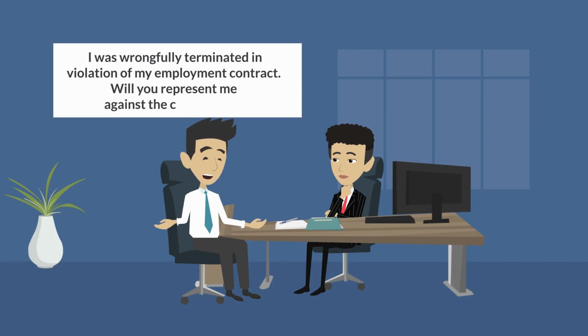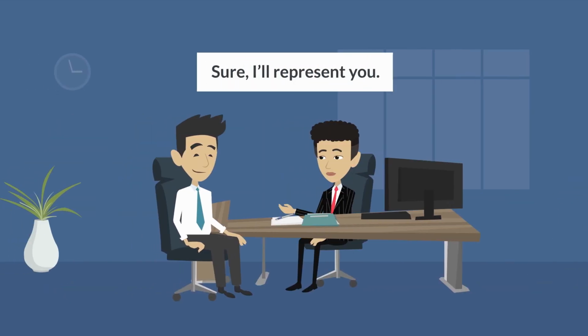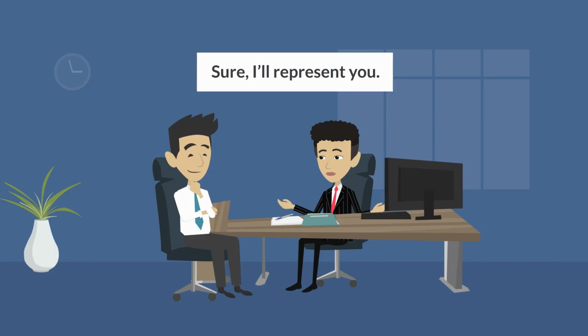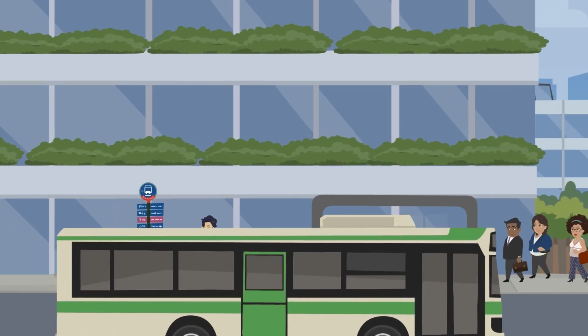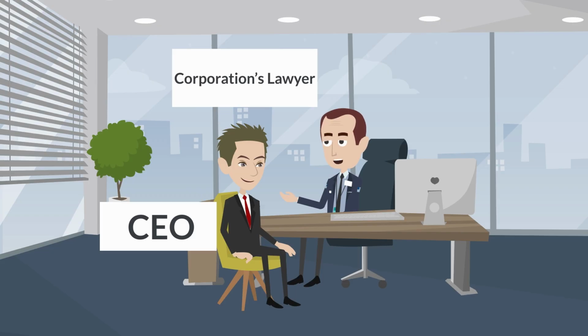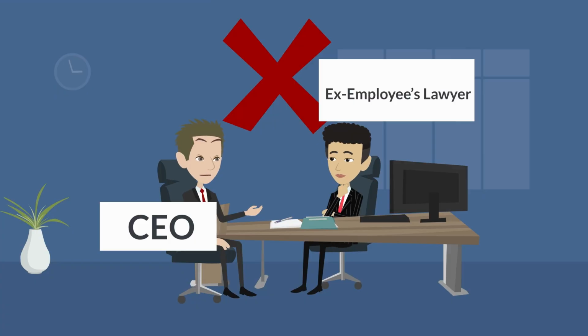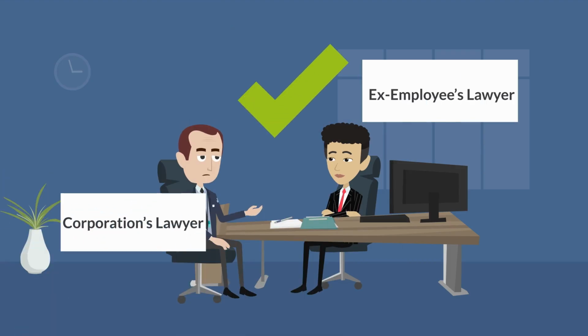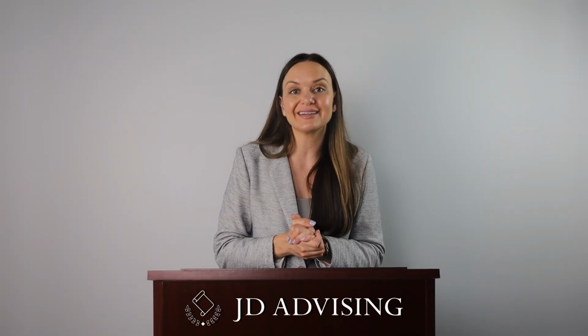So you hire a lawyer to sue your ex-employer, this big corporation. As it relates to this rule, the corporation is the opposing party. The corporation has counsel. So if there is a CEO who has regular contact with that corporation's lawyer, then your lawyer shouldn't be talking to the CEO as it relates to your lawsuit. What this rule is saying is your lawyer should treat that CEO almost like they're the opposing party and should talk to the corporation's lawyer directly instead.